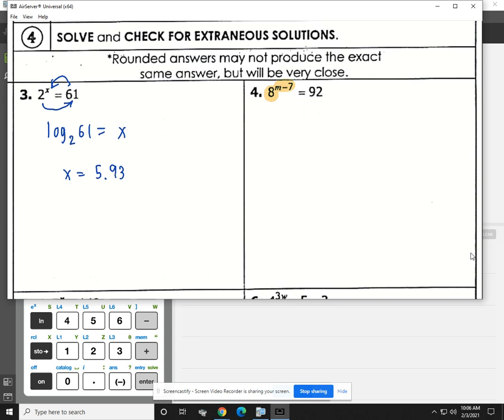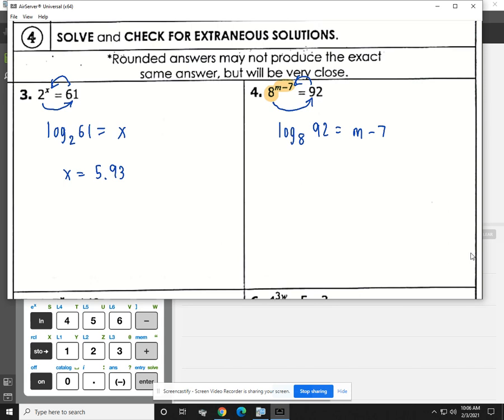Here we go. Ready? The base of my exponent becomes the base of my log. Then we loop. Log base 8 of what? Equals what? So what's the first thing I need to do in my calculator? Log base 8 of 92.